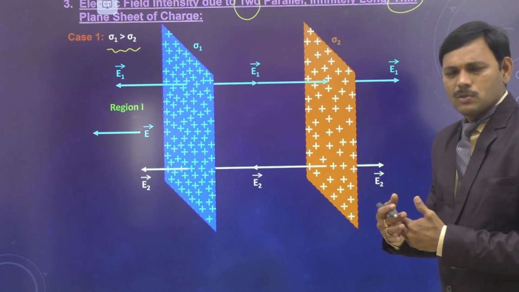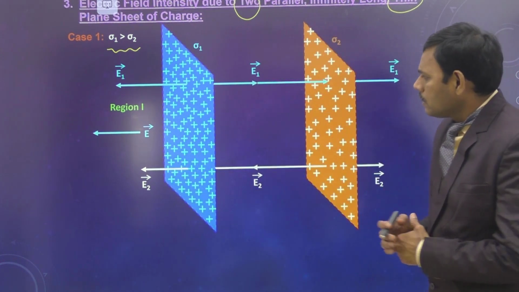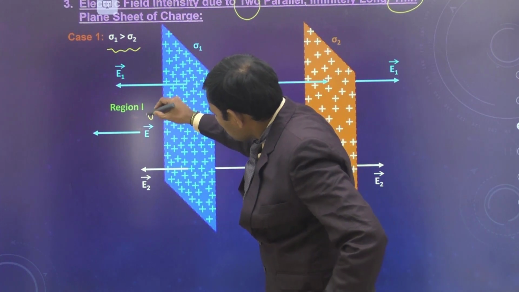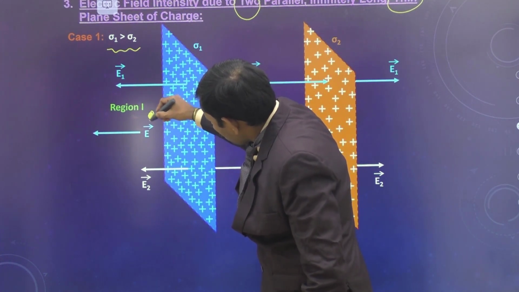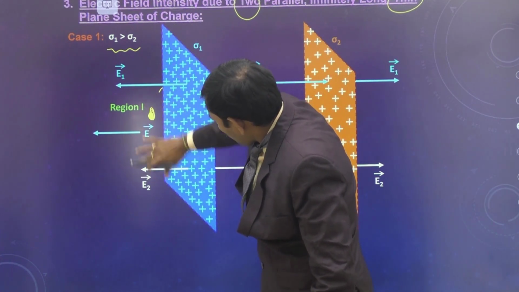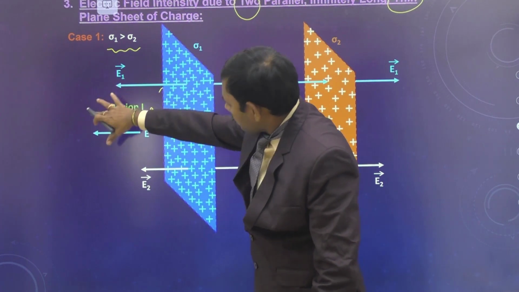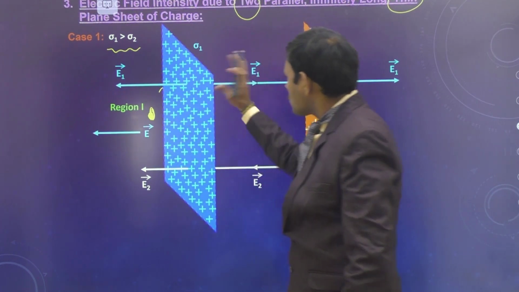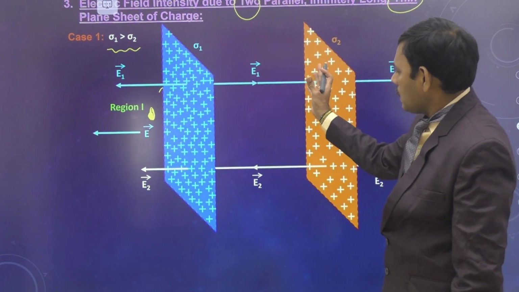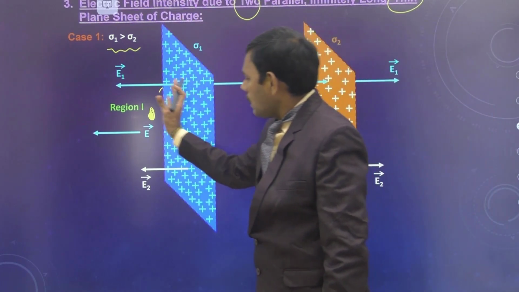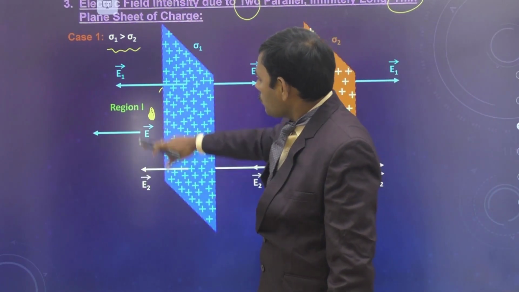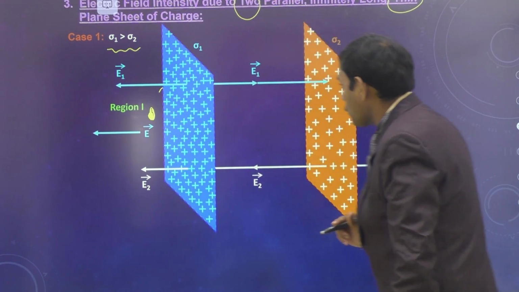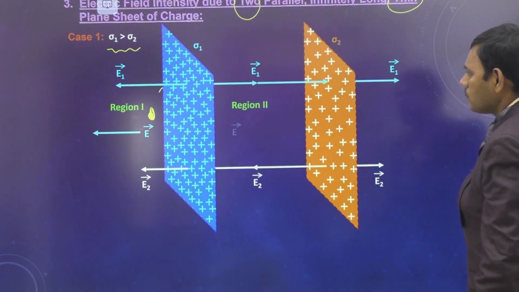Electric field due to a positive plate is away from the positive plate. So if you consider this region, which is left of both the sheets, then electric fields due to the first and second sheets are in the leftward direction. So these two add up, then E bar is the sum of E1 and E2.